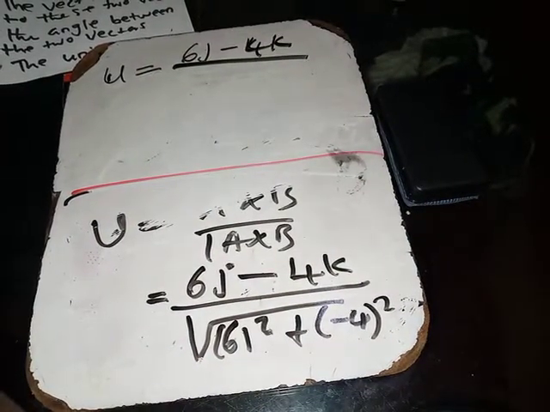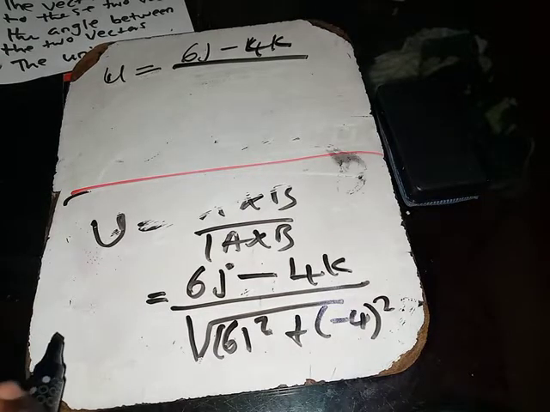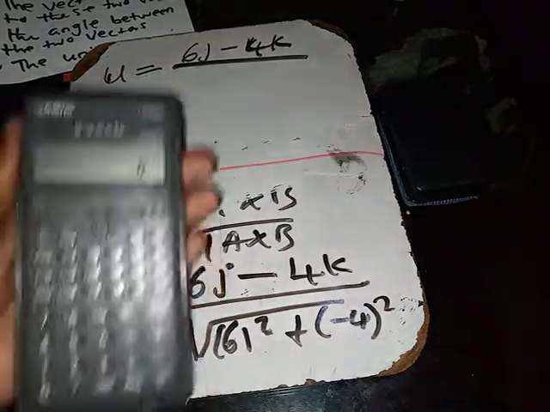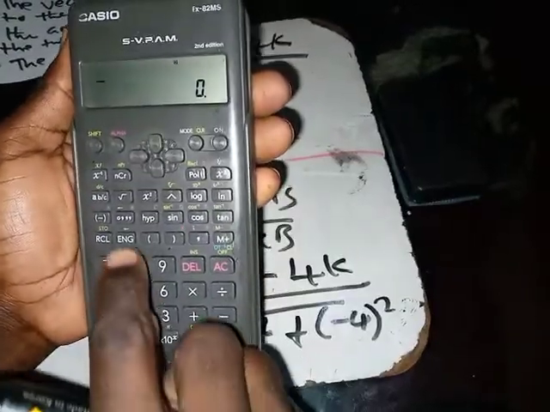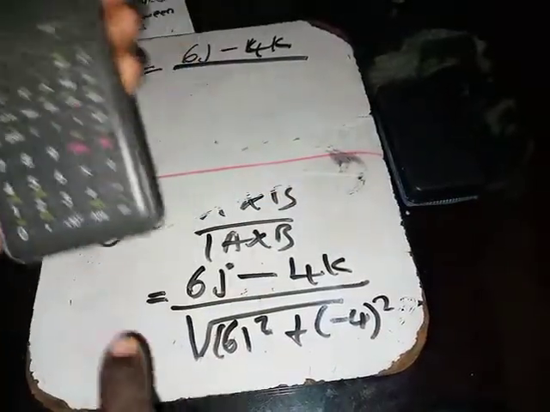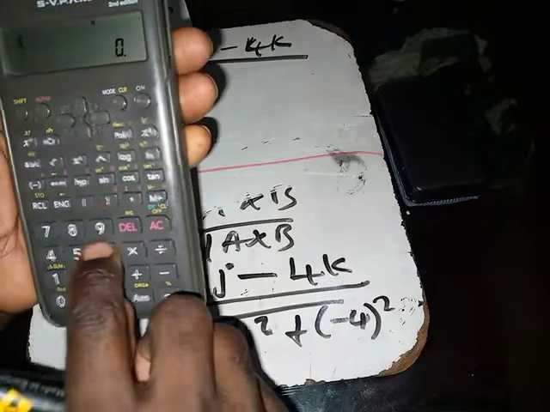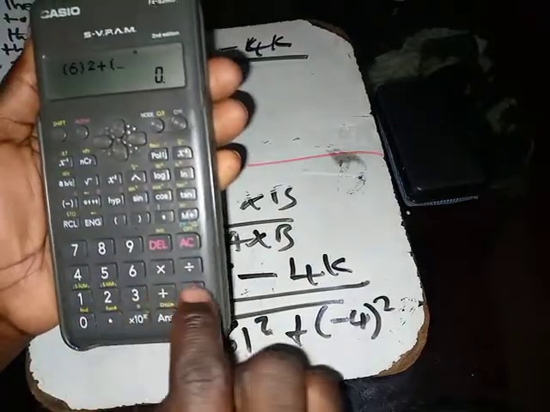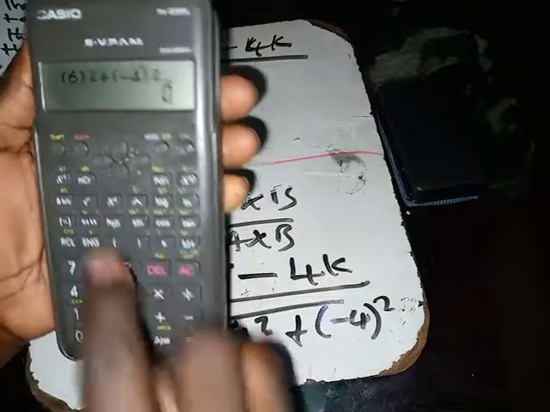So when you punch on your calculator, 6 squared plus, open the brackets, negative 4 squared, you get 52.